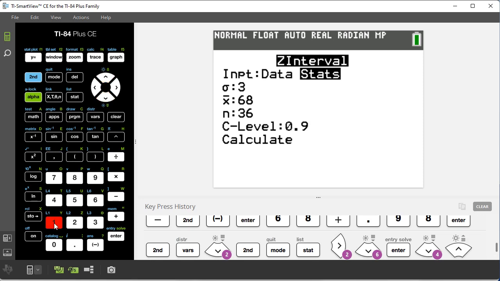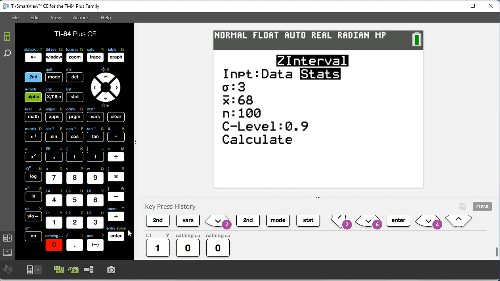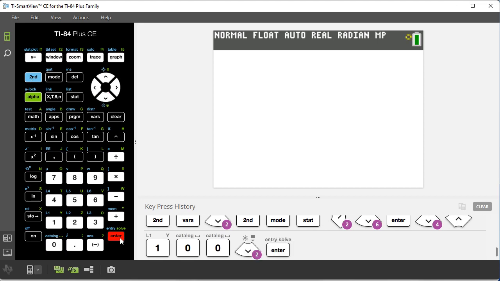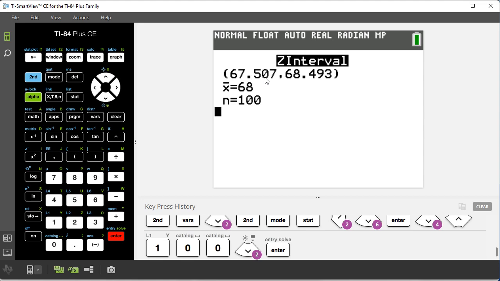So let's look at what happens if we use 100, for example. And let's go ahead and just hit enter. And see how we have 67.507, 68.493.